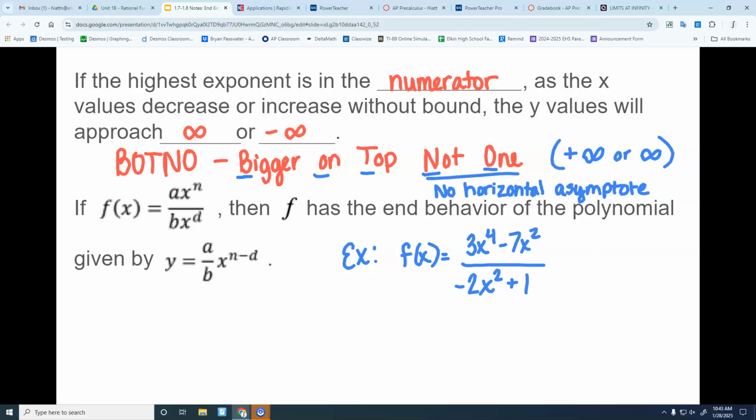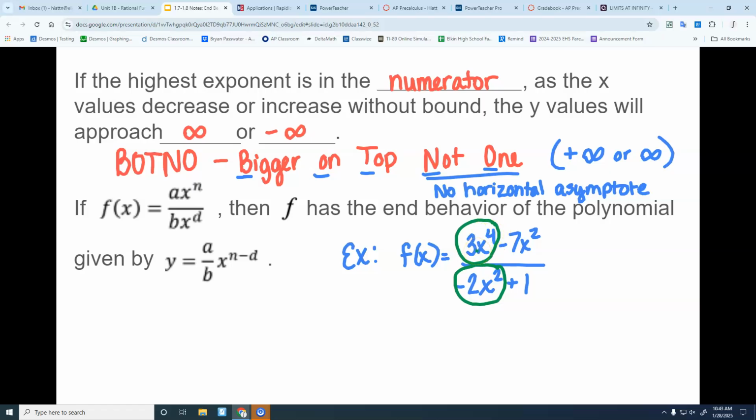So only the highest terms matter. When the numbers get really big, this plus 1 is so tiny it doesn't change much. The one that really matters the most is that x to the 4th on top.